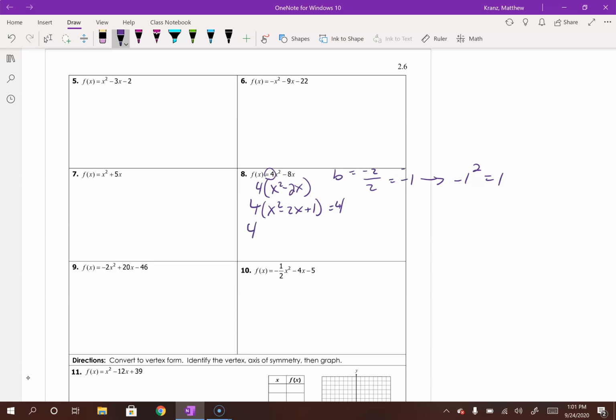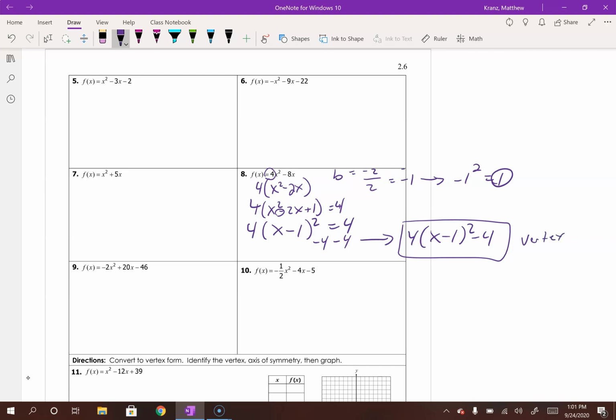So 4, and then this factors into, well, see how this is a 1 right here, and that's negative? So x minus 1 squared equals 4, and then we have to move our 4 over, which gives us 4 x minus 1 squared minus 4. And that is our equation. Right, now we make our vertex 1, negative 4.